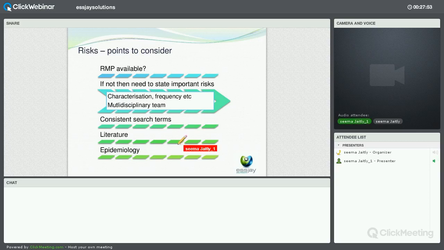Epidemiology I put here, dependent on if you don't have an RMP available and you're starting from scratch, and it's extremely important to get their input so that you can characterize those risks appropriately. I put literature here because that's one thing you do need to cross-refer to.